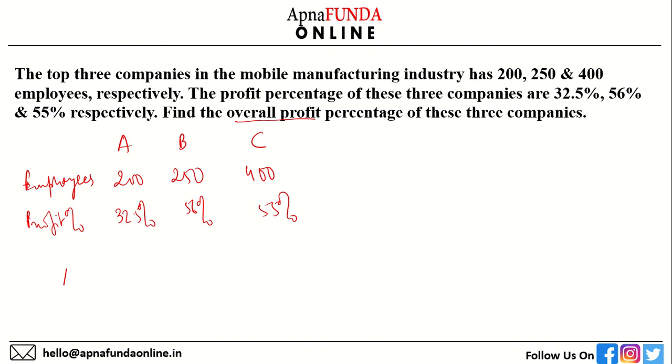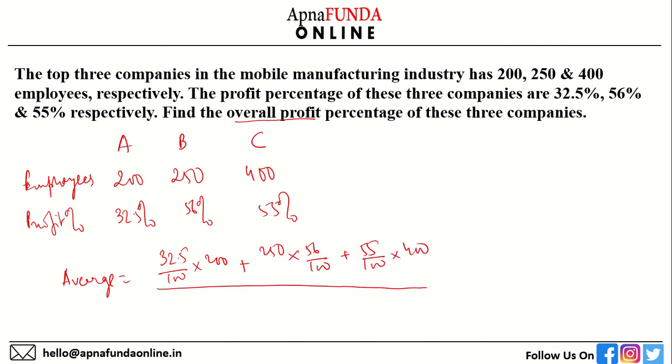Now we need to find the average. So the average we'll get is 32.5% of 200 plus 56% of 250 plus 55% of 400, divided by the number of employees in all these three companies together.